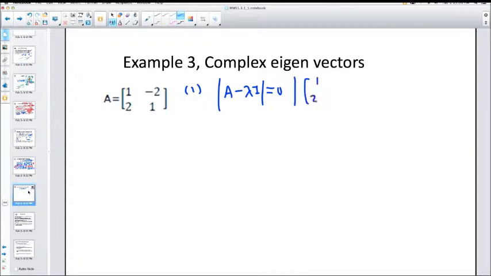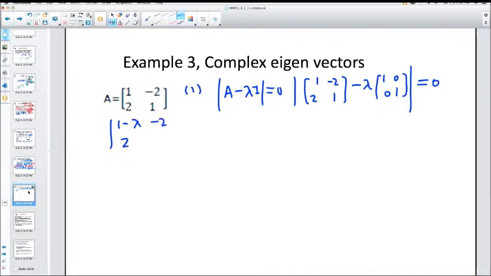It's [1, 2; -2, 1], minus lambda times I, the identity matrix, equals 0. Well, now I have 1 minus lambda and -2, 2, and 1 minus lambda.